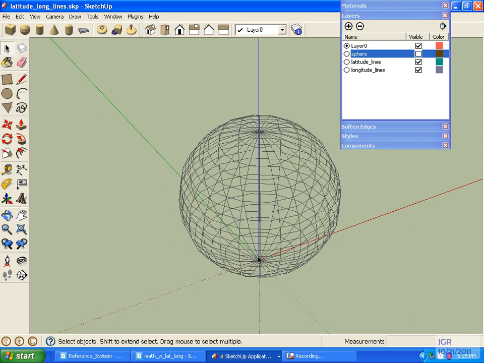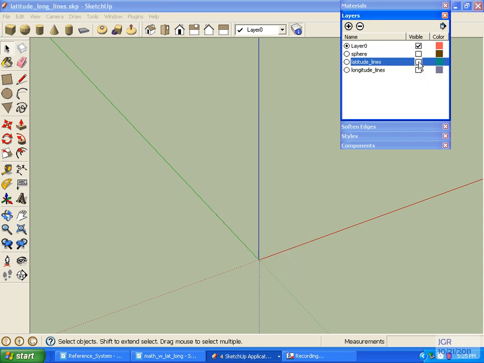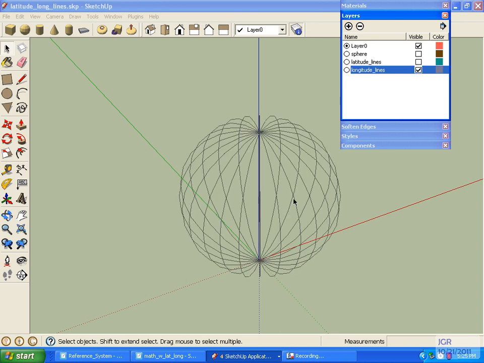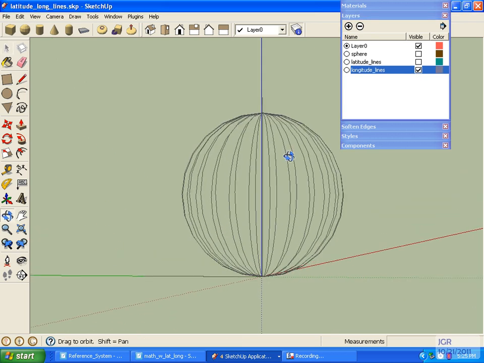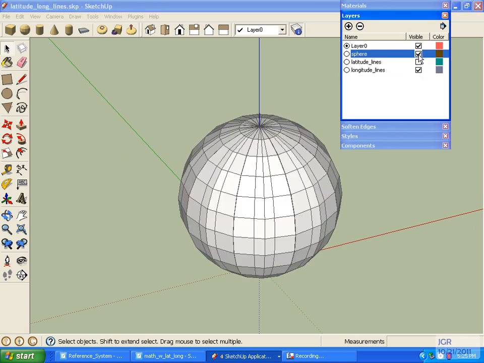So here we have a combination of latitude and, of course, longitude lines. As you can see, latitude lines are pretty interesting to look at, latitude lines versus longitudinal lines. It's kind of nifty to actually see that there. And then of course here's the globe.